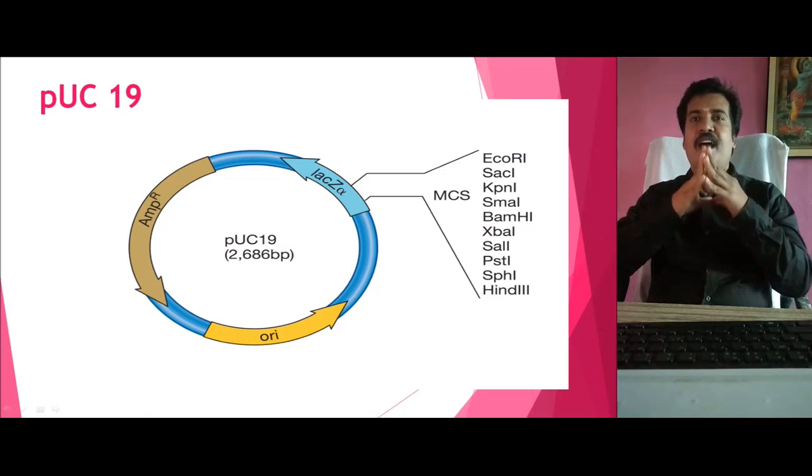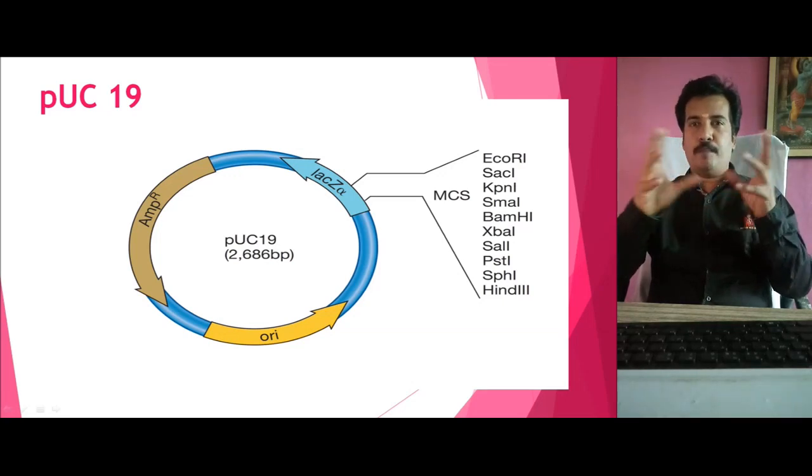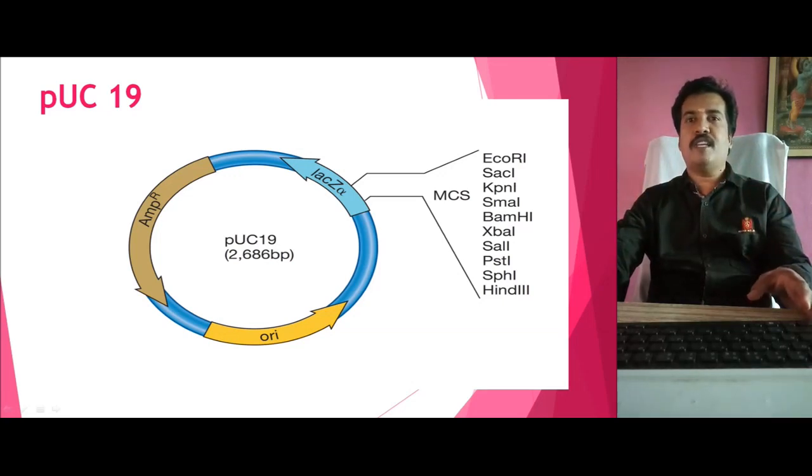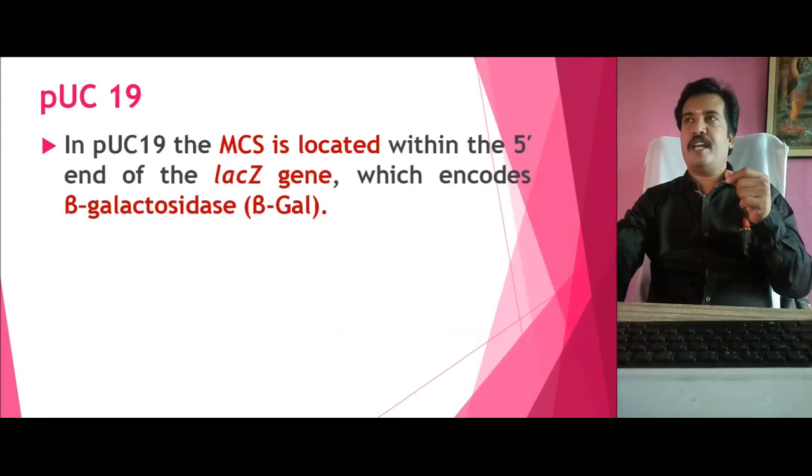And third is the ampicillin resistance region, which works as a biomarker. So pUC19 carries all three regions needed for a vector, so pUC19 acts as a plasmid vector.